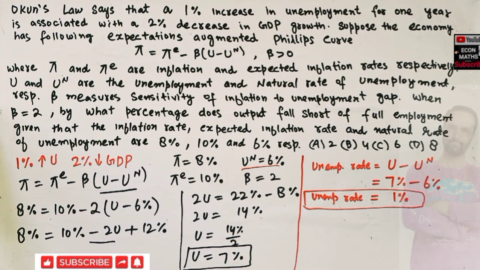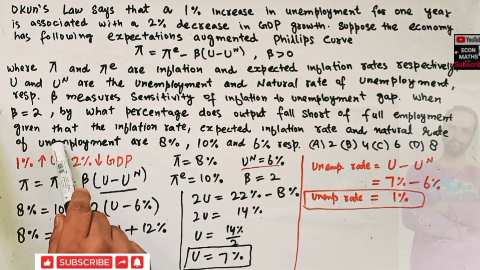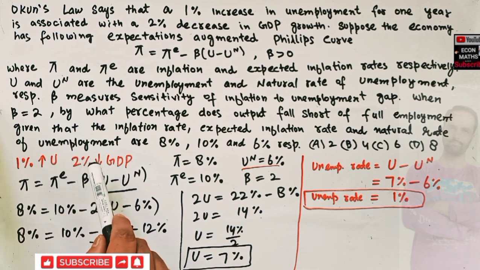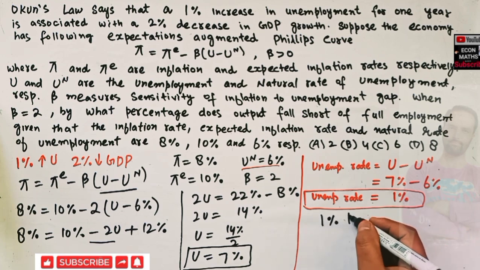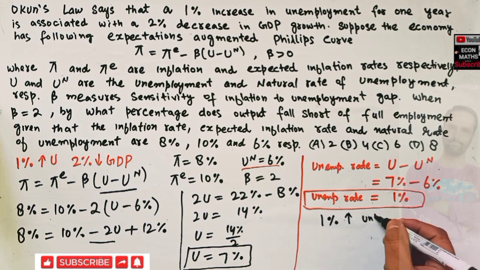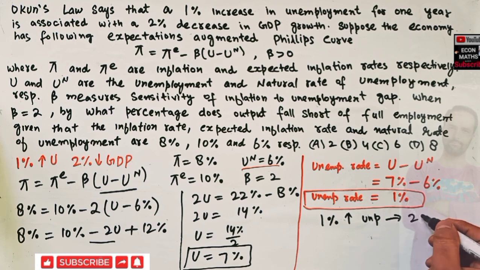And what is the relationship between unemployment rate and GDP, which has been given to us in the question here? We are told a 1% increase in unemployment will lead to a 2% decrease in GDP. So we have 1% here, a 1% increase in unemployment will lead to a 2% decrease in GDP.